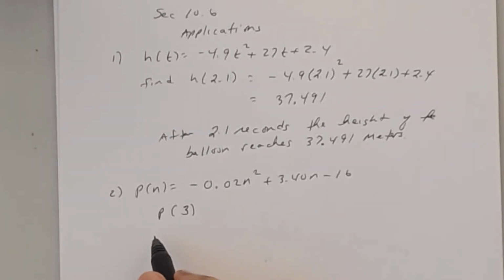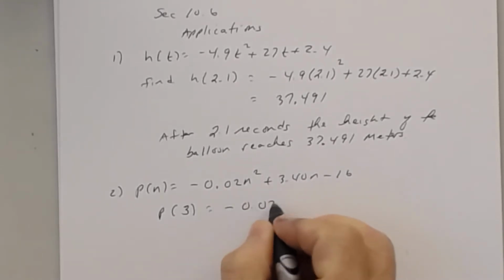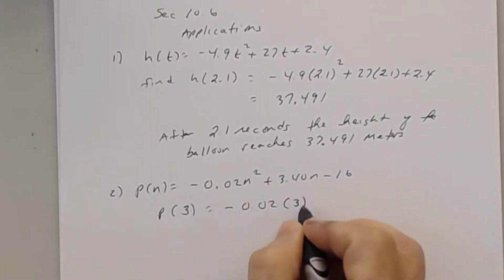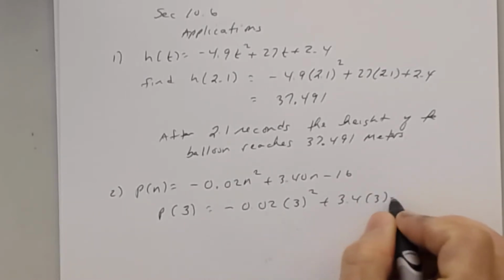So don't plug in 3,000, you plug in 3, because the function is understood to be in thousands. So let's plug this in. I get negative 0.02 times 3 squared plus 3.4 times 3 minus 16.